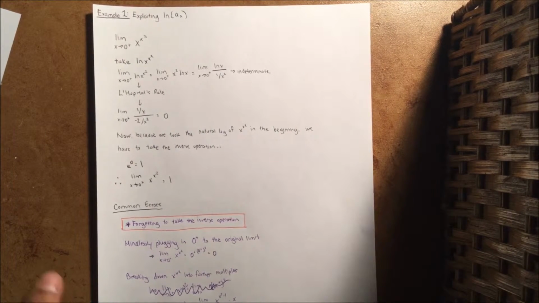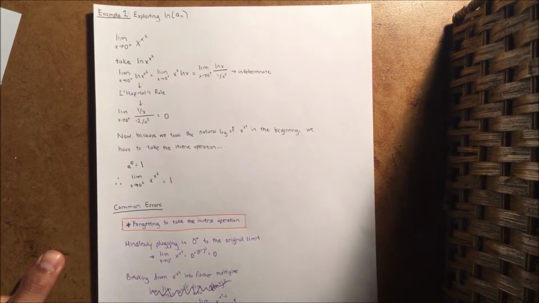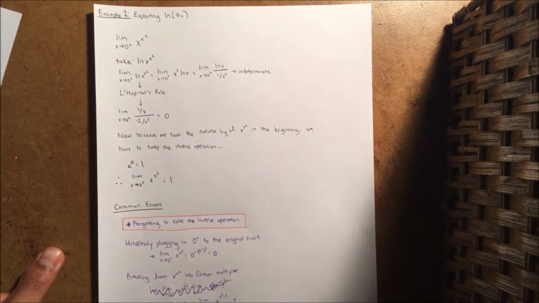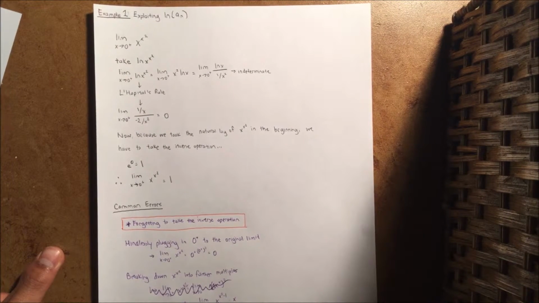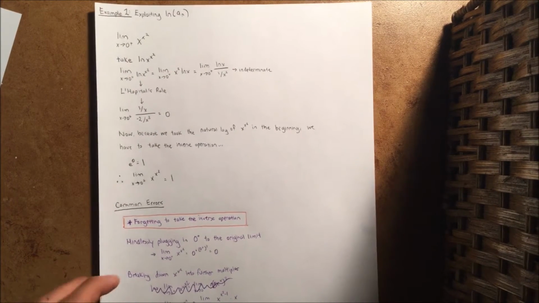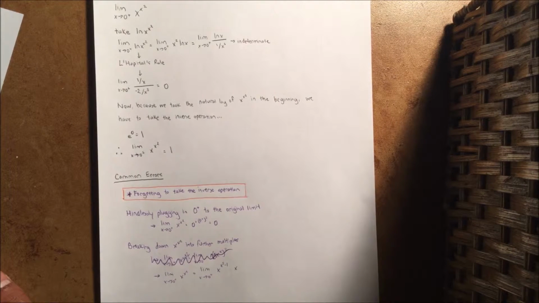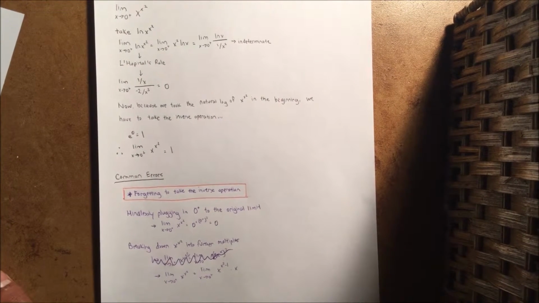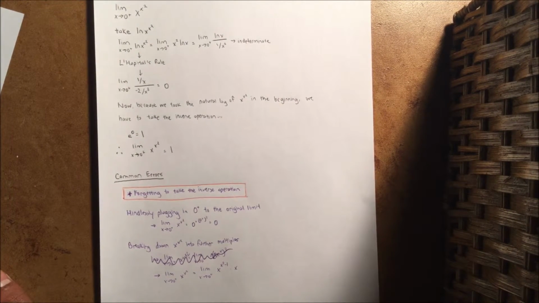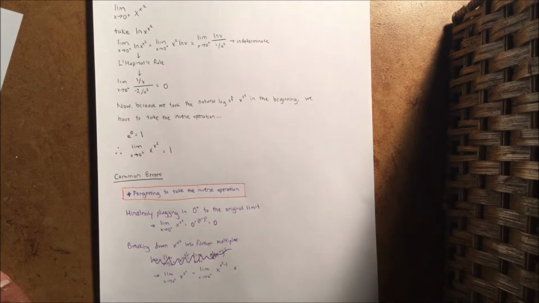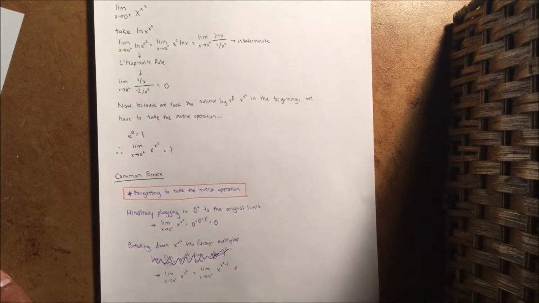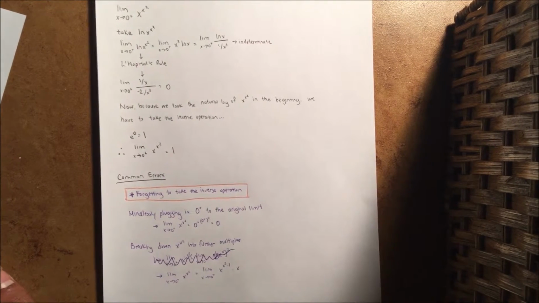The second common error is to mindlessly plug 0 from the right into the initial limit. In this case, we would get an answer of 0 if we had applied it as such. Finally, another common error would be breaking down x to the x squared into further multiples, or, for example, simplifying x to the x squared to x to the x squared minus 1 times x, and attempting to find the limit of that expression through a variety of other mechanisms.